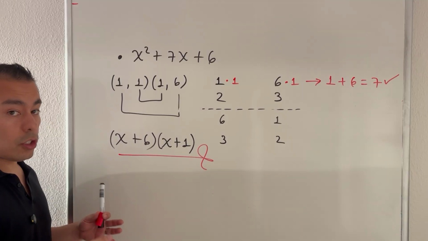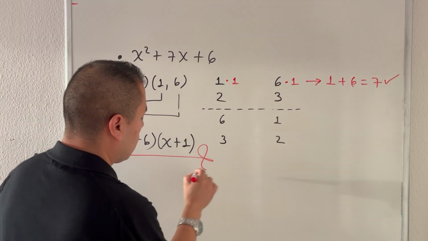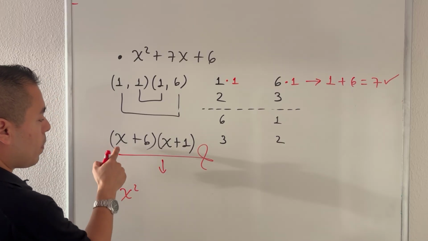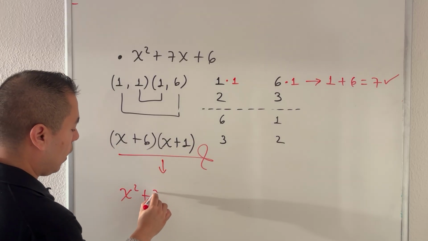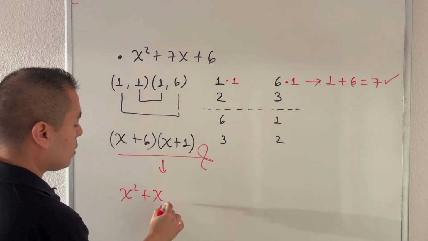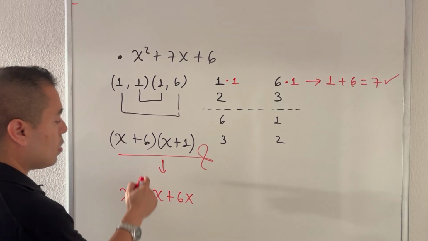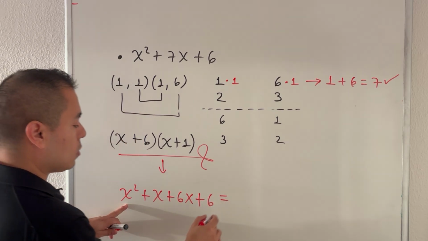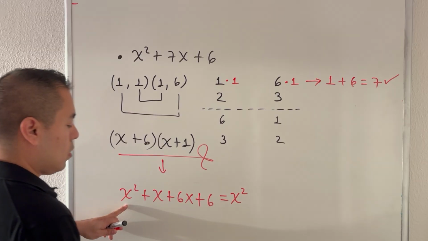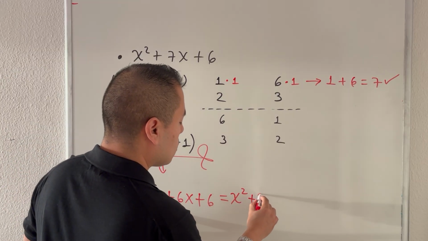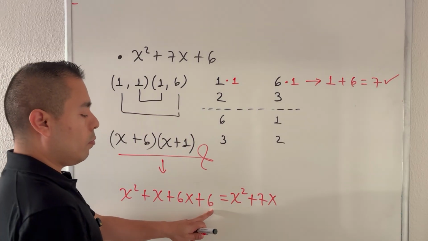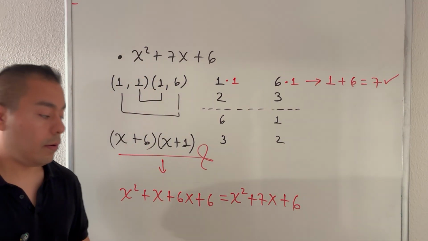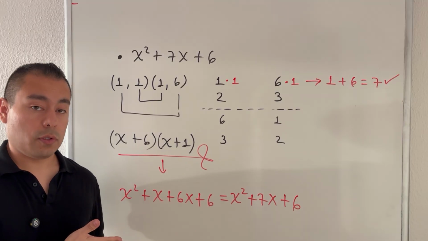To prove it, we can just expand it, okay? x by x, x squared, x by 1, x, 6 by x, 6x, and 6 by 1, 6. By like terms, we say x squared, x plus 6x is 7x, and plus 6. And if you check, it's exactly what we have over here. So this is the result.